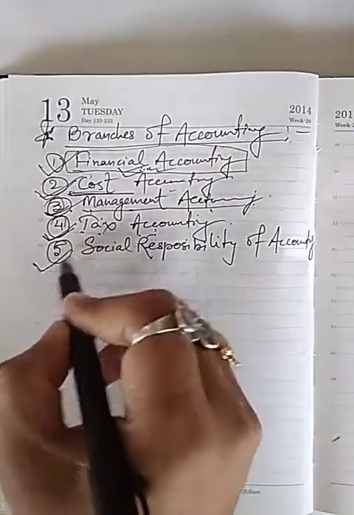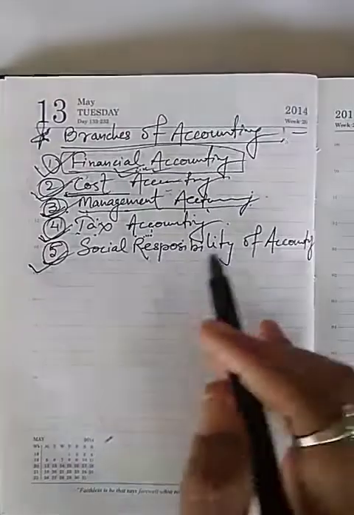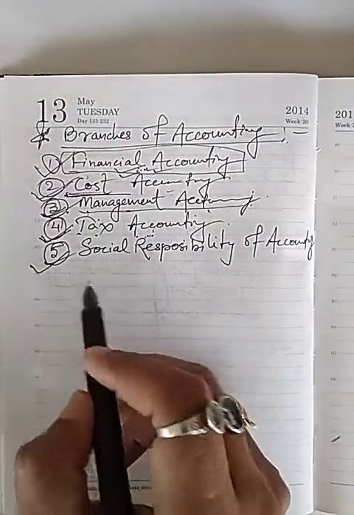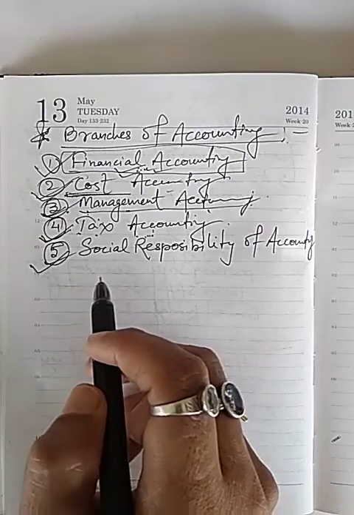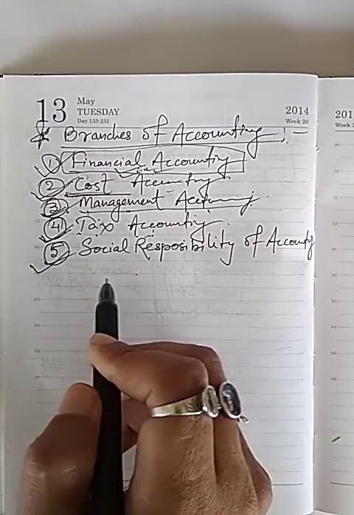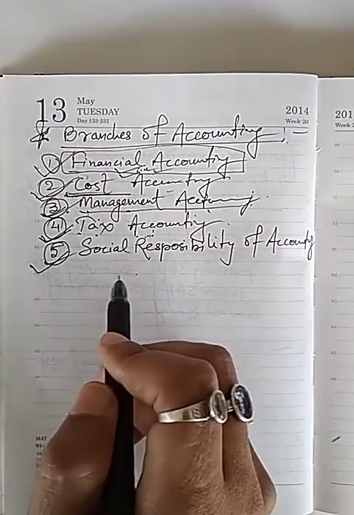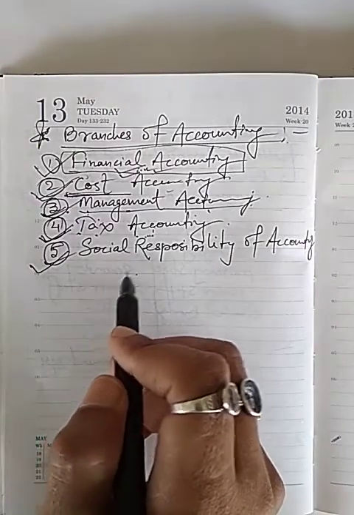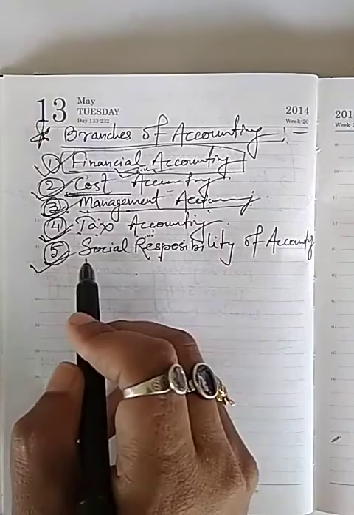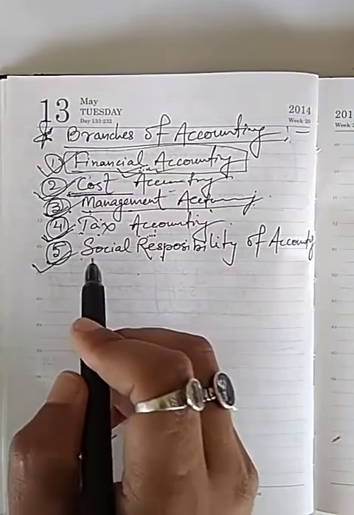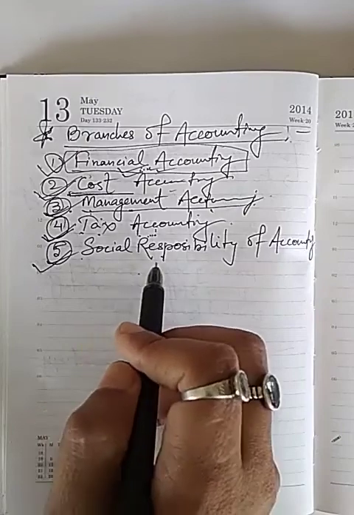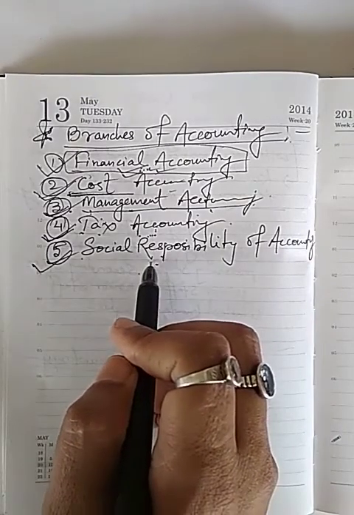And the last point is social responsibility accounting. The society provides the infrastructure and the facilities without which business cannot operate at all. Without society and its infrastructure, no business can survive and operate.